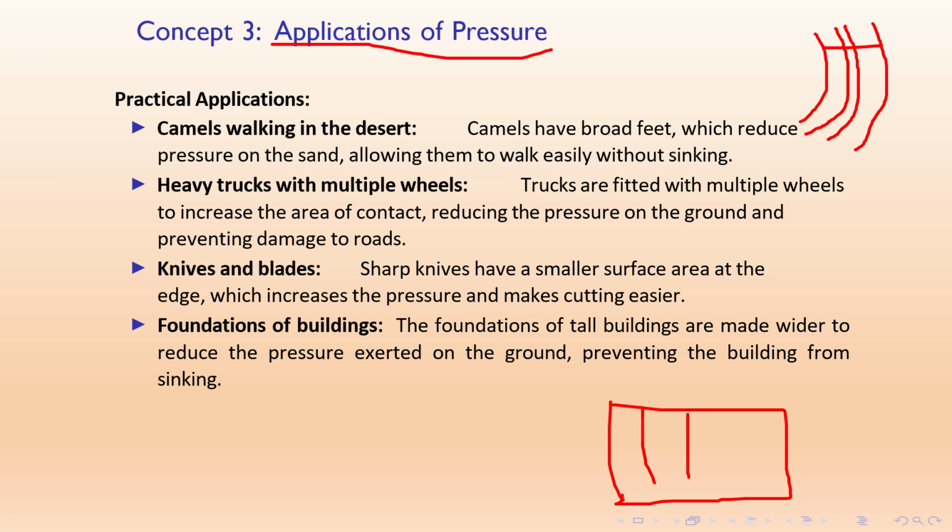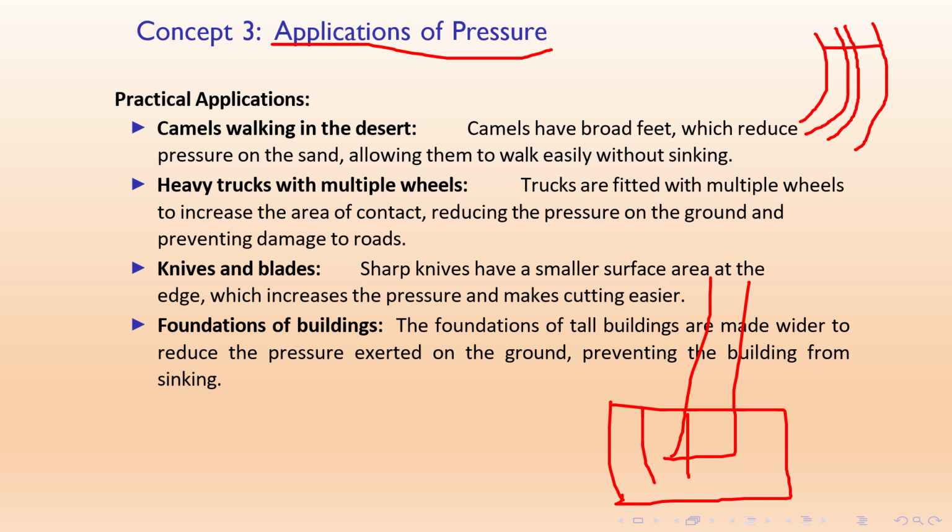So due to that, the building can withstand more without penetrating into the soil. Generally, the pillar size is only this much, but the foundation size is very large. This shows that the pressure will be very less, so that the pillar will not penetrate into the ground, so that the construction will be safe.